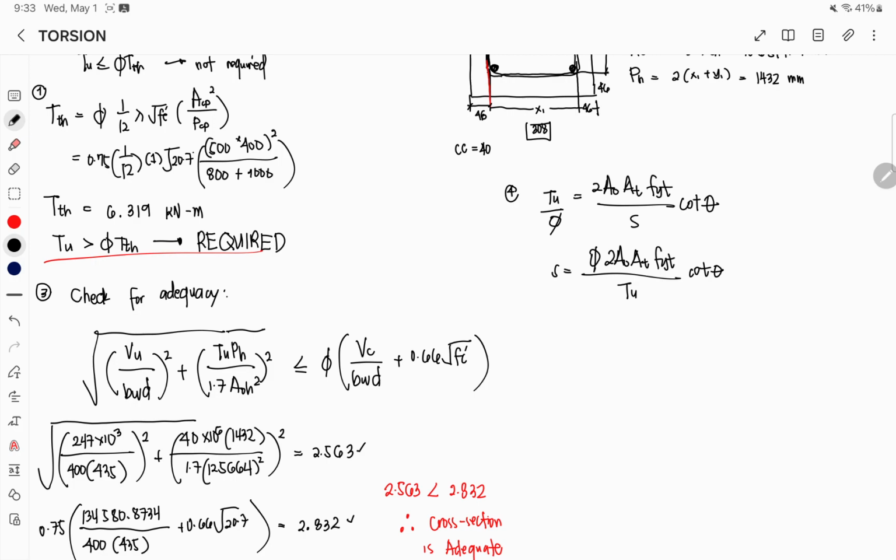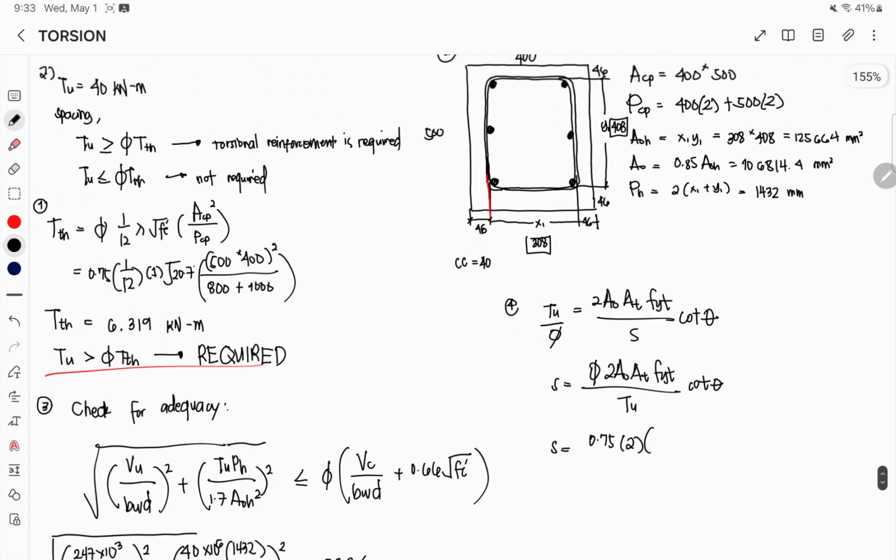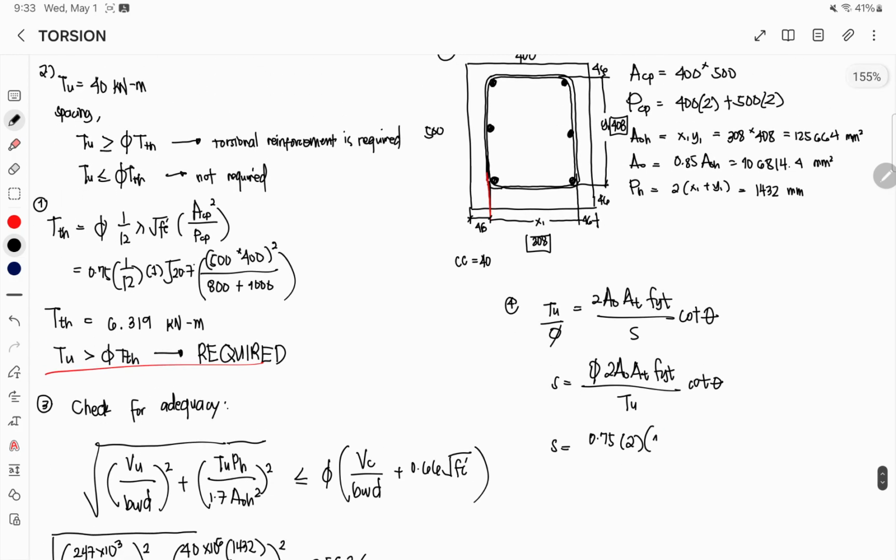Ano? So, obviate natin yung spacing. We have phi 0.75 times 2 times A sub O, which is equal to 106814.4. Ito. Times 80.